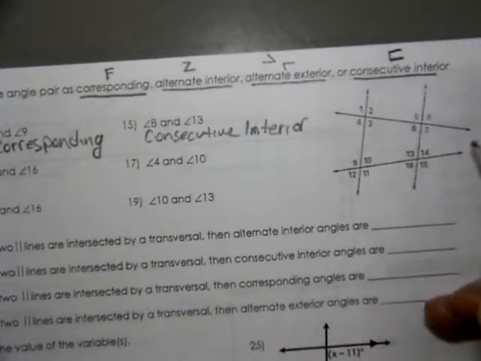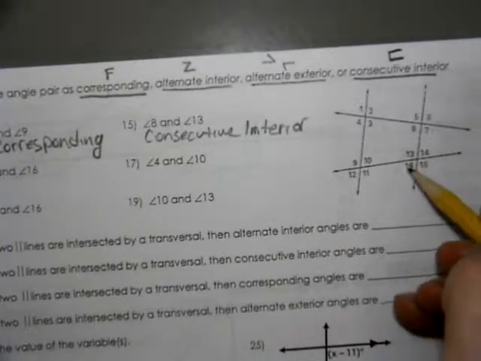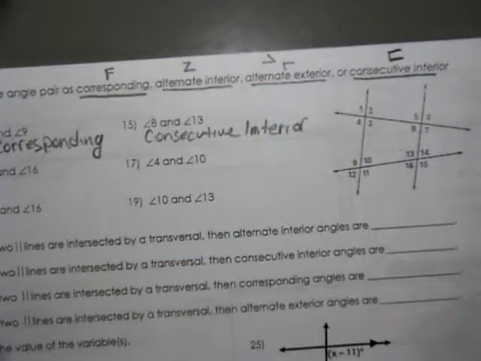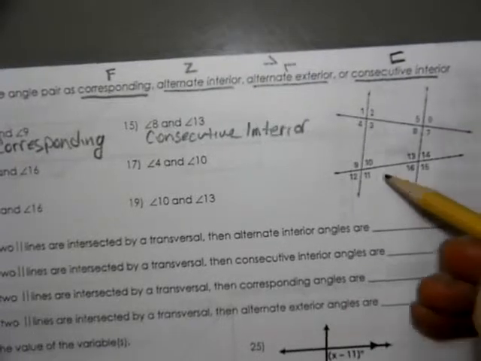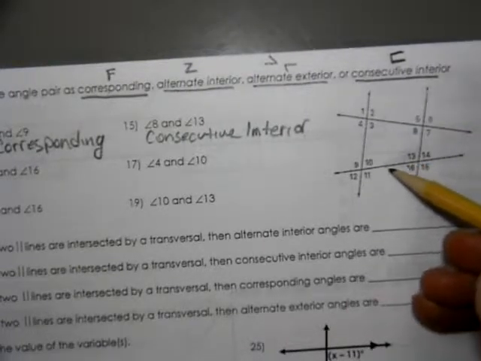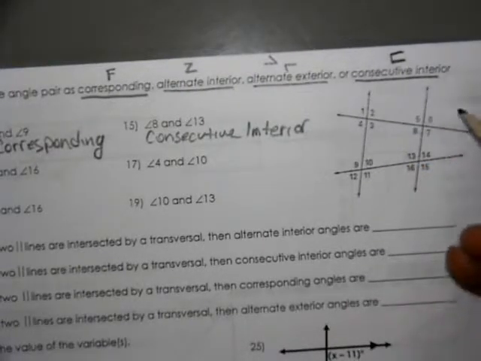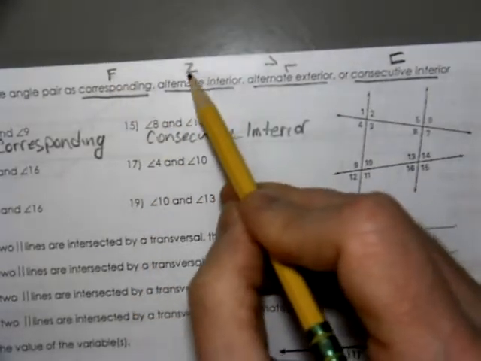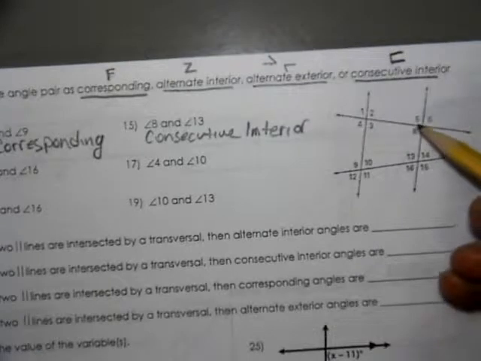6 and 16. This is looking a lot like our alternate exterior. They make this V shape up here. They make a different V shape down here. They're not touching like the other ones that seem to zigzag, and they overlap and so forth.